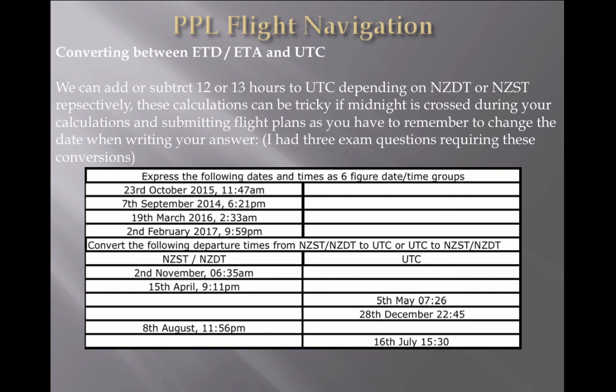All you need to do here is just turn that into the 6-figure dates. So 23 is the day of October, and 11:47 you just transfer that into the 24-hour clock. So do those 4, and then we'll do the conversions between New Zealand Standard Time and New Zealand Daylight Savings Time to UTC.